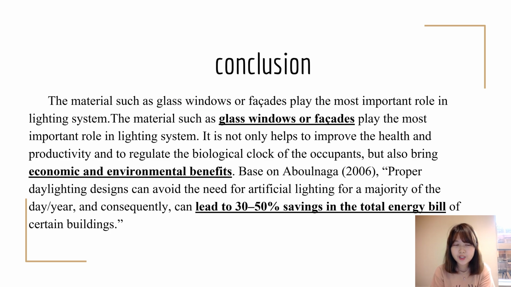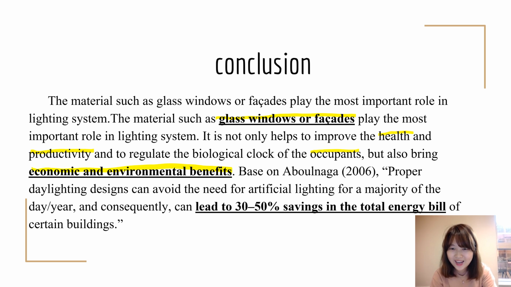This is the conclusion of the glass. The materials such as glass windows or facades play the most important role in the lighting system. Not only does it help to improve the health and productivity and to regulate the biological clock of the occupants, but it also brings economic and environmental benefits.